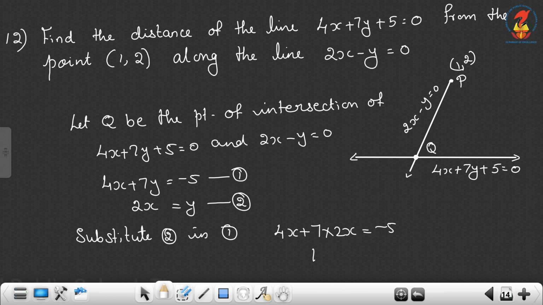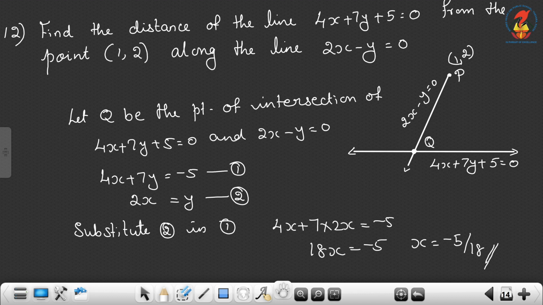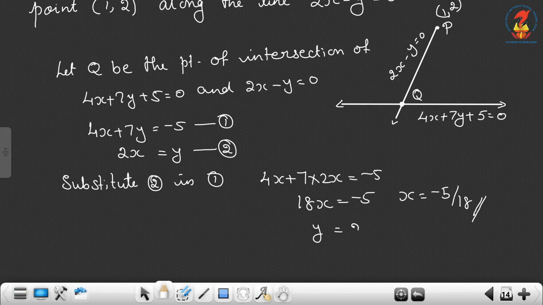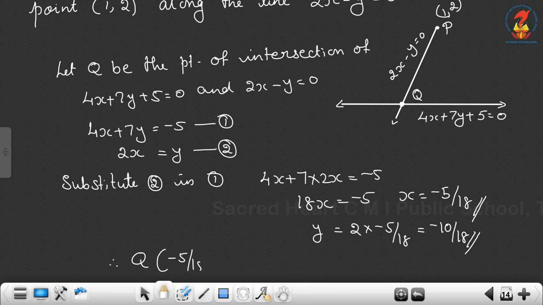So, 14x plus 4x, 18x is equal to minus 5, or x is equal to minus 5 by 18. Now, what is y? y is 2 times x, that is 2 into minus 5 by 18, which is minus 10 by 18. Therefore, Q, the point of intersection, is (minus 5 by 18, minus 10 by 18).